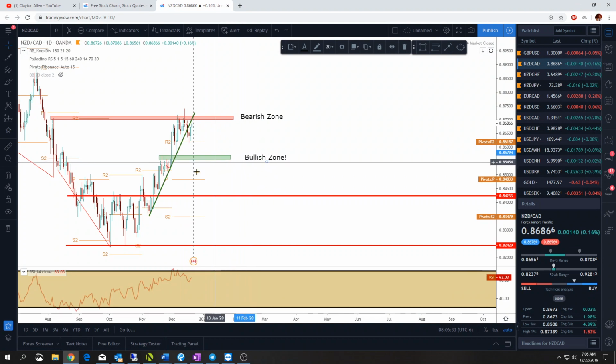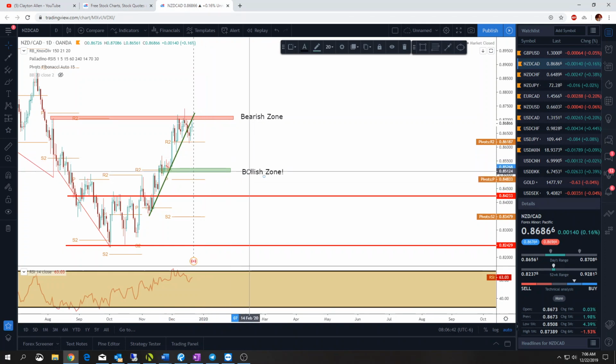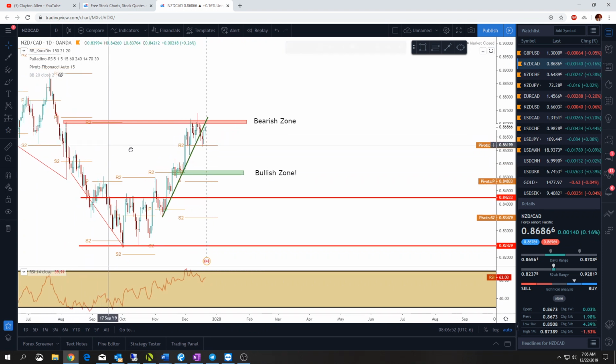And we have a missed pivot all the way down here. So I really like how the New Zealand dollar is shaping up for a good correction. And if we catch this correction correctly, we can make some really good pips here.